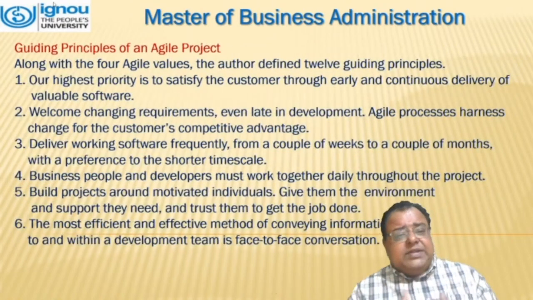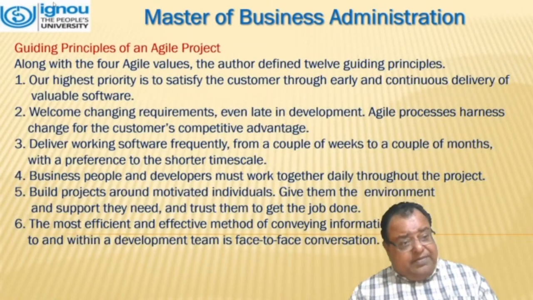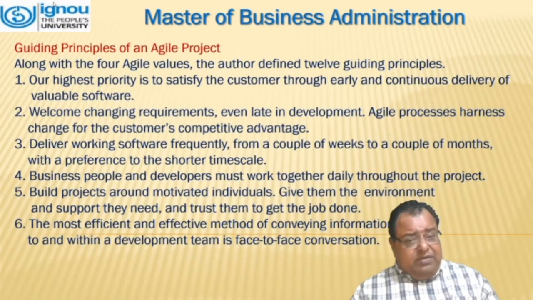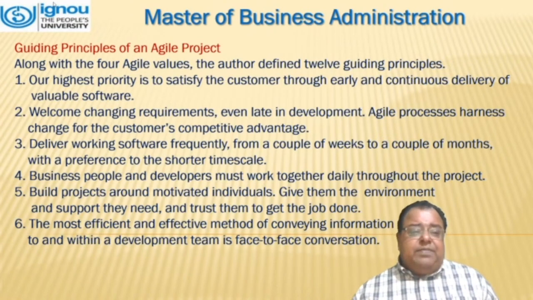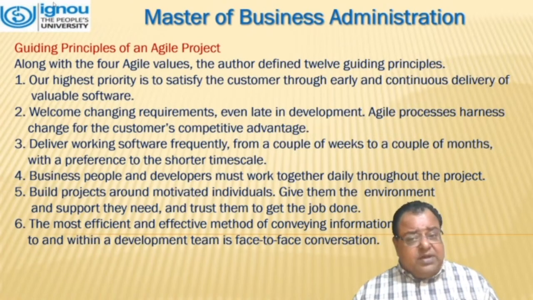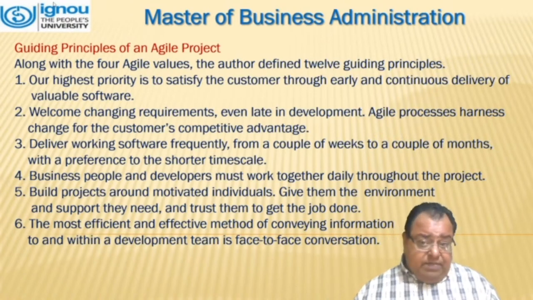What are the guiding principles of an agile project? Along with the four agile values, the authors defined 12 guiding principles. First, our highest priority is to satisfy the customer through early and continuous delivery of valuable software. Secondly, welcome changing requirements, even late in development.